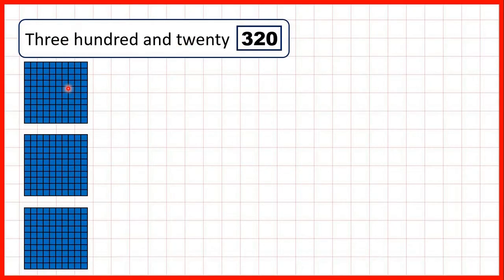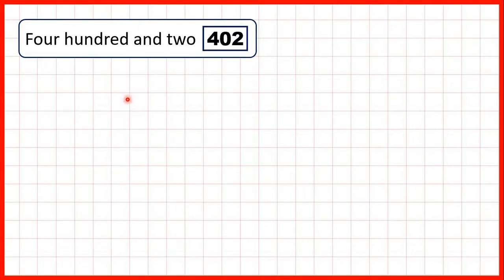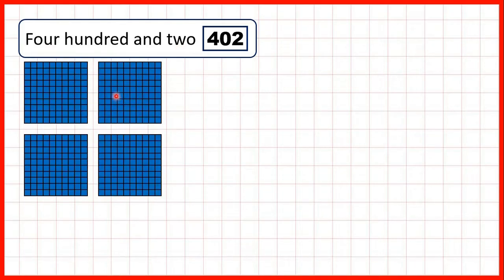So we can show 3 hundreds and then 2 tens for 20. And because we have a 0 as our ones digit, we don't need to show any ones. With 20, we just have 2 tens and no additional ones. And then we had 402. So we can show 4 hundreds blocks, no tens blocks, and 2 ones.